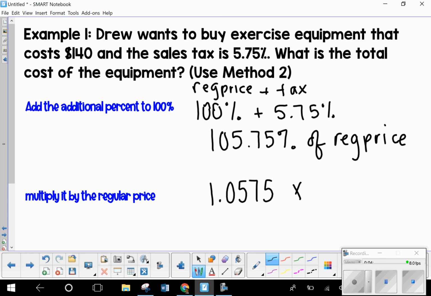Of means to multiply, and the regular price is $140. So now if we multiply 1.0575 times 140, we will end up with the same amount of $148.05. If you're asked to find the total price, you can choose either method.